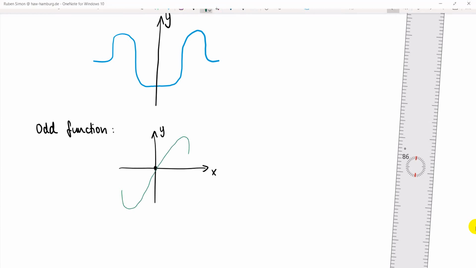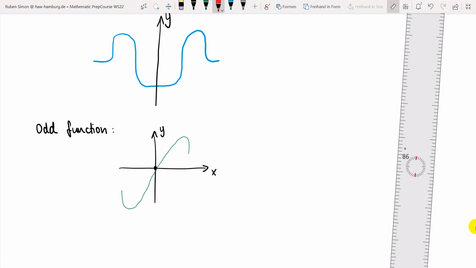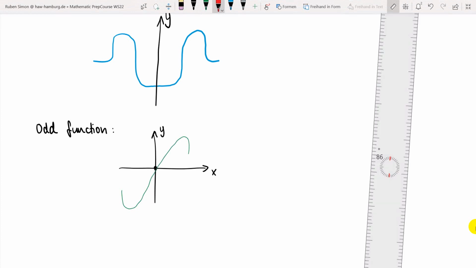So does everyone know what point symmetry is? I think everyone should know what axis symmetry means. Axis symmetry means that you could go the same way from the y-axis in both directions, and you will in both cases end up on the function graph. But does everyone know what point symmetry means? Okay, green reaction. I'll tell it anyway again.